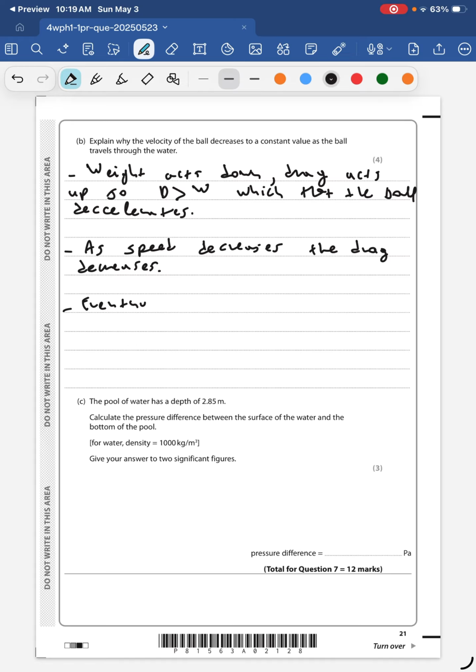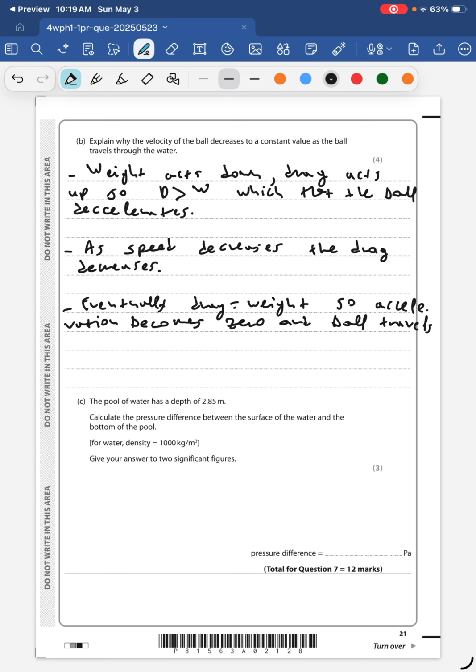Eventually, drag becomes equal to the weight, right? So acceleration becomes 0. Okay, and the ball travels at a constant speed. Okay, and that's the answer.